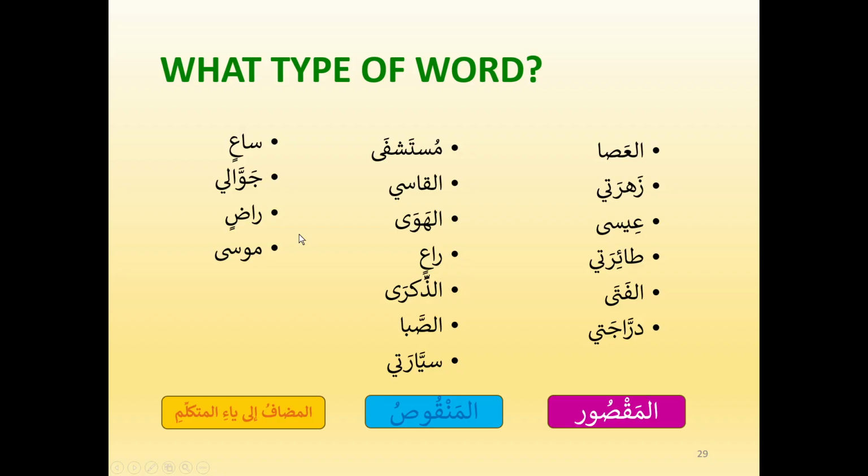Musa is maqsur. Kitabi is al-muḍāf ila ya al-mutakallim. Yes, my book. Murabbi, al-Murabbi, from Rabba yurabbi. This is manqus.